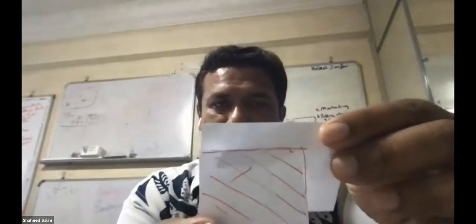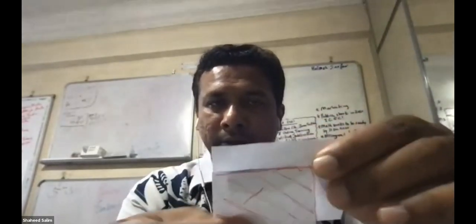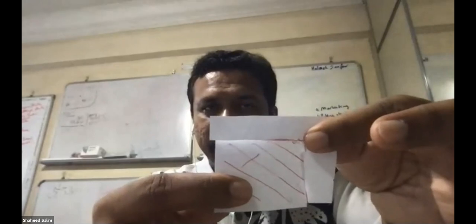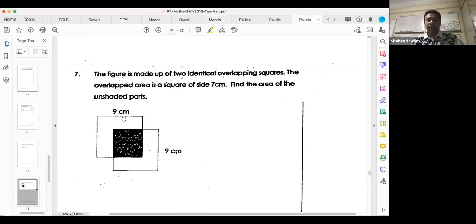Look, Raziq, you find the whole area minus the small square area. Then you get this part. The whole area, 9 times 9, minus 7 times 7. Get answer. That is for 1. Down here, this is for this part here.